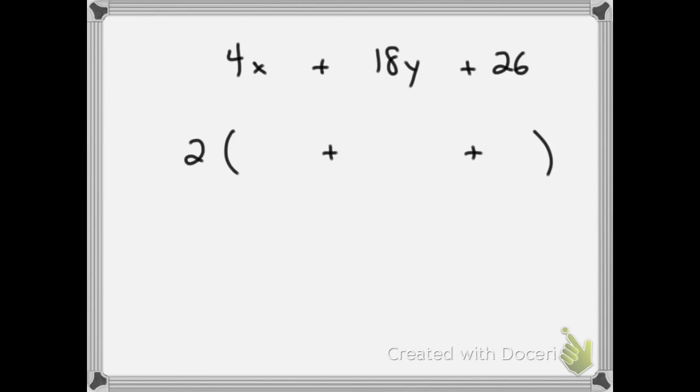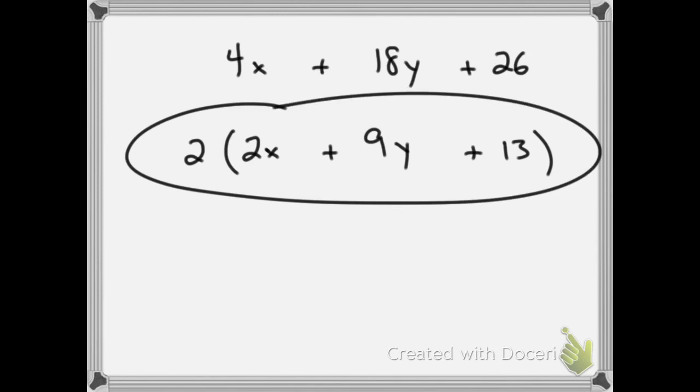We look at our variables. There's only an x with the first term, nowhere else. There's only a y with the middle term, nowhere else, so we can't pull out any variables. So 2 times 2 equals 4. We got to factor in that x. 2 times 9 will get us 18. We got to factor in that y. And then 2 times 13 will get us 26. So that's our final expression.